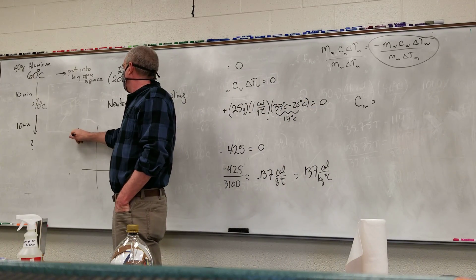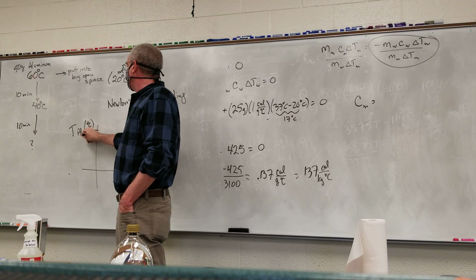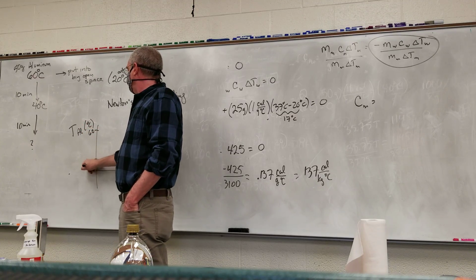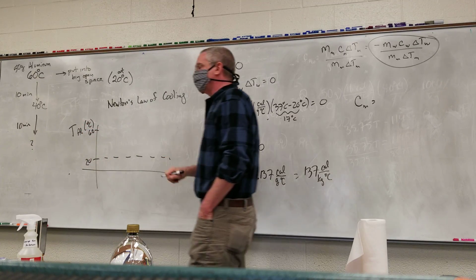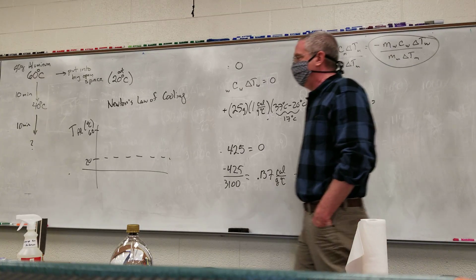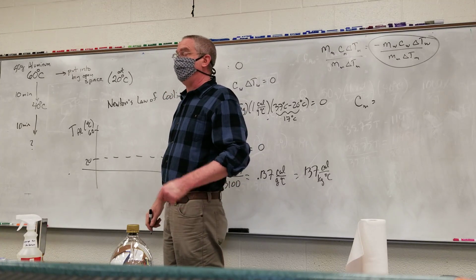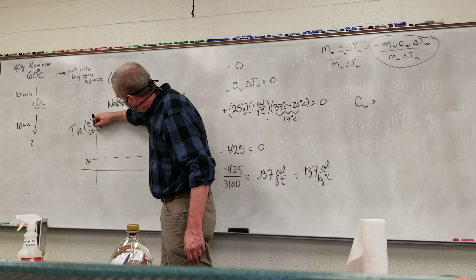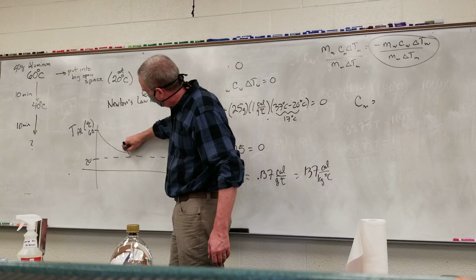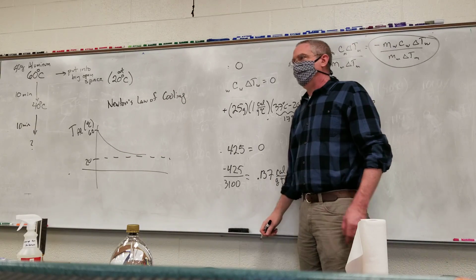So the temperature of the aluminum, in degrees Celsius, we start out at 60. 20 is the bottom. It's the absolute smallest it will get. What Newton claimed is that it will get closer and closer. At some point, we can't differentiate it, but it actually curves as it gets closer and closer.